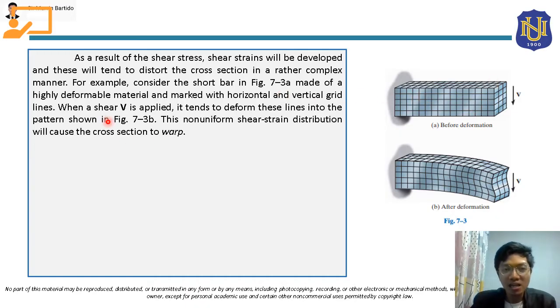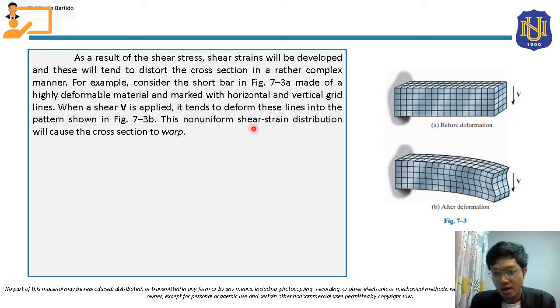So kapag yung shear V ay in-apply, when a shear V is applied here, it tends to deform these lines into the pattern shown in figure 7.3b. So this is the deformed bar.